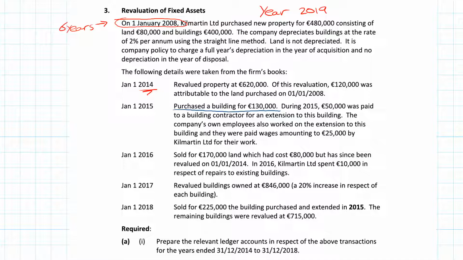But if we do some work to it, let's say via extensions, or we just make it more tidy or cleaner, then we're increasing the value of those buildings. So this 50,000 worth of extension, obviously extending the building, is going to increase its value. So it's going to increase by 50,000.